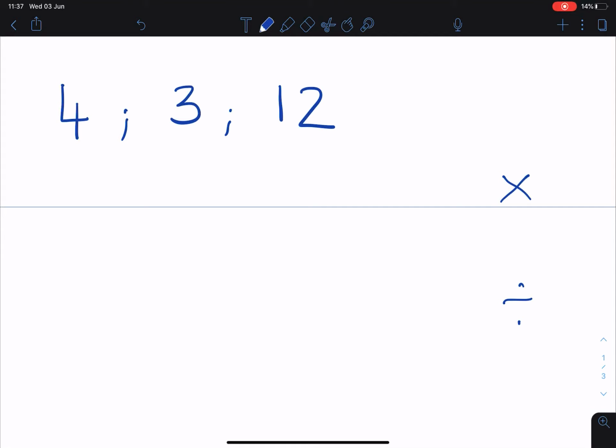Remember that when you times, your answer gets bigger, and when you divide, your answer is smaller. So let's do the times first, and remember when we times, our number gets bigger. So for the times sums, the answer needs to be the biggest number.